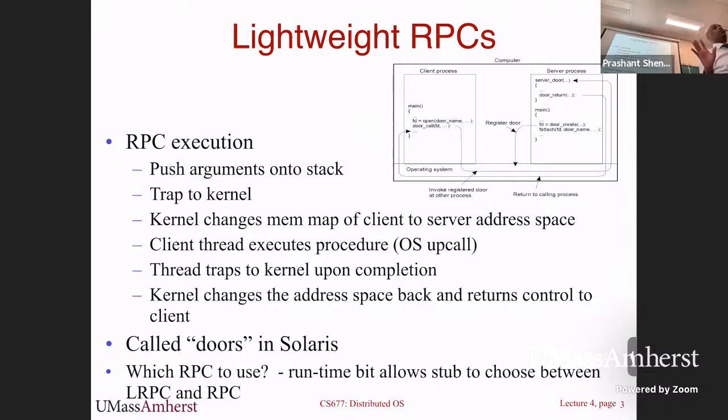Okay, and you don't need to find the network port, but you need to at least find the process ID that you are communicating with, so you know where the server is. Okay, so there is some sort of a lookup process that's going to happen, but in the case of regular RPCs, that gives an IP address and a port. Here the IP address is known, it's the same machine. Port is irrelevant if you're not using TCP/IP. But you need to know the endpoint, which is at least the process ID, minimally.